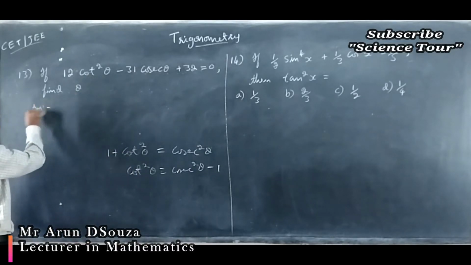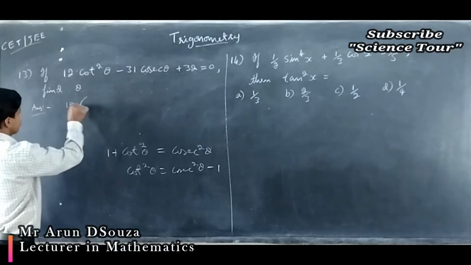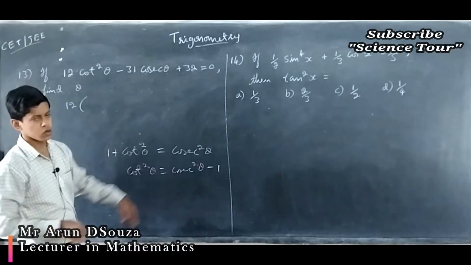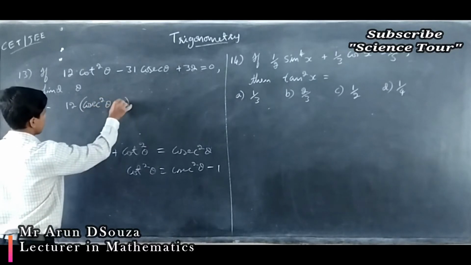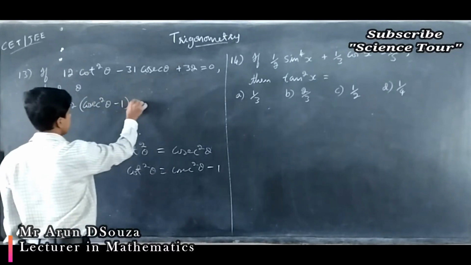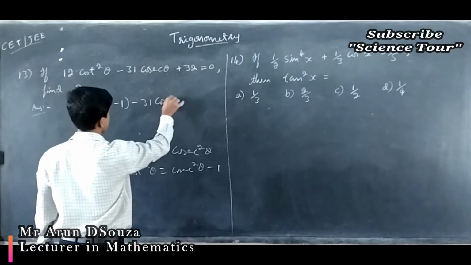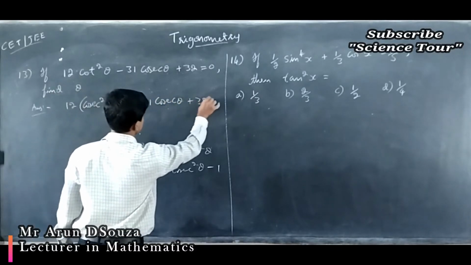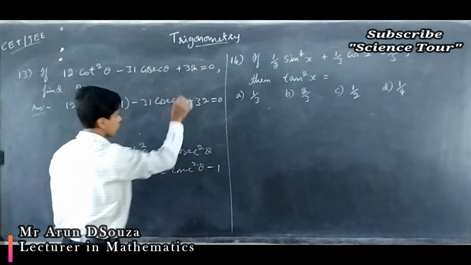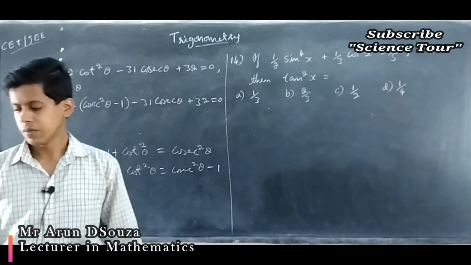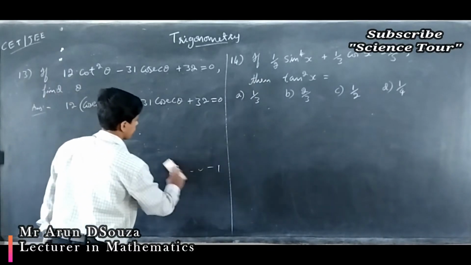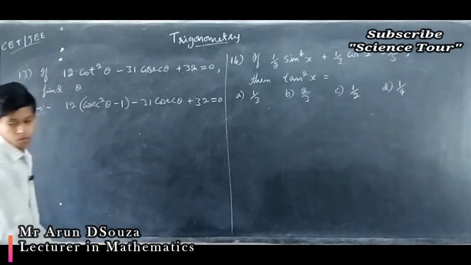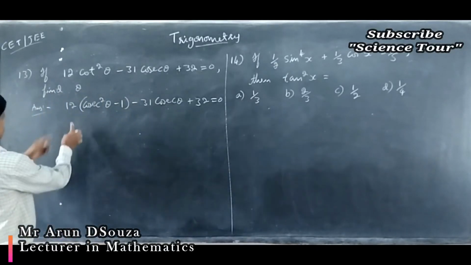So this is the formula I am going to use here. So let's begin with that. 12 into cosec square theta minus 1 and minus 31 cosec theta plus 32 is equal to 0. Let us simplify this and see what we get. Just multiply this.